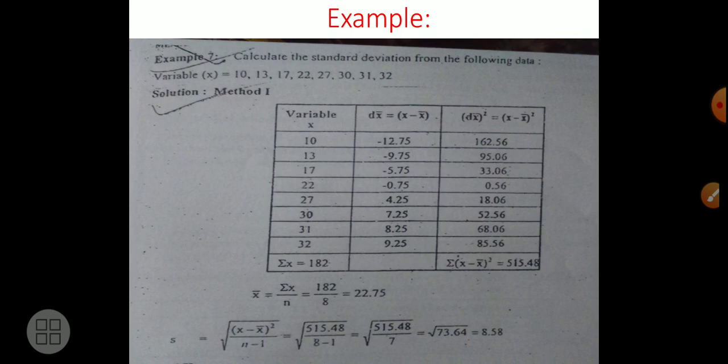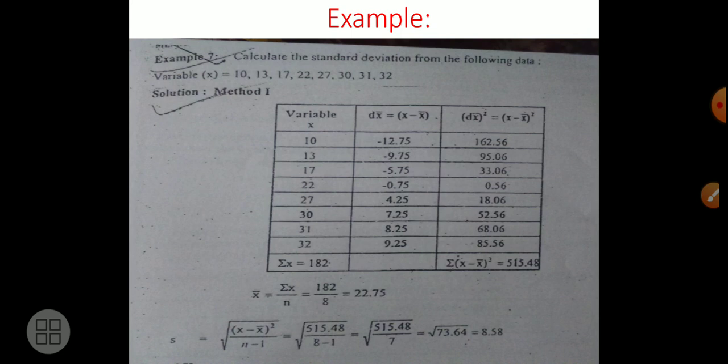So summation x is equal to 182 divided by 8, because 8 observations have been considered for the summation, so that is 22.75. Now dx bar, that is equal to x minus x bar. The x bar value we have calculated is 22.75. That value we have to consider: 10 minus 22.75, that is minus 12.75, isn't it?